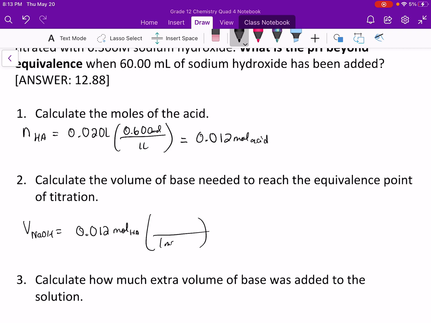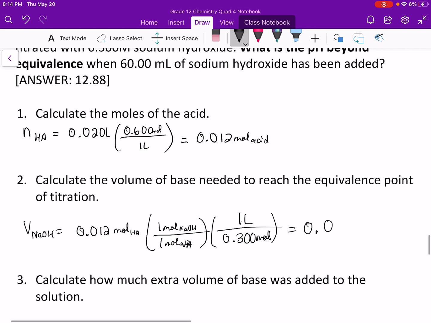For every 1 mole of my acid, HA, I have 1 mole of NaOH. For every 0.300 moles of NaOH, I have 1 liter. This tells me that I needed 0.040 liters to reach my equivalence point where my moles of my acid are the same as my moles of my base.